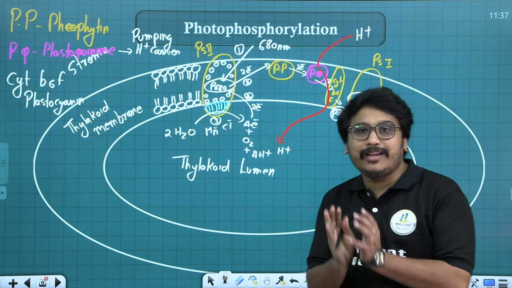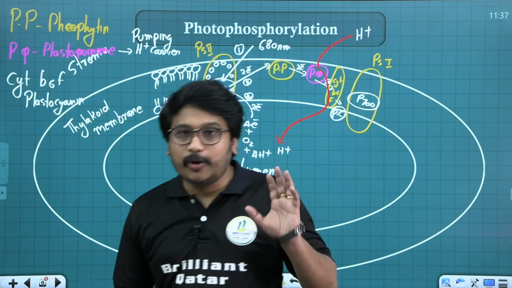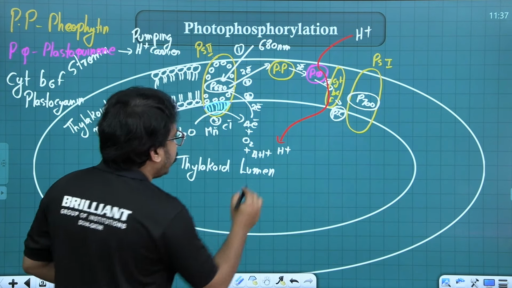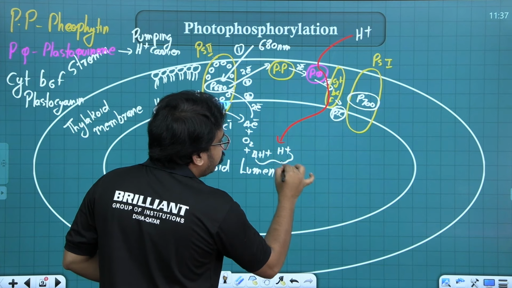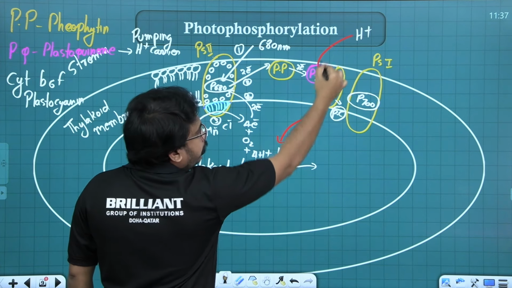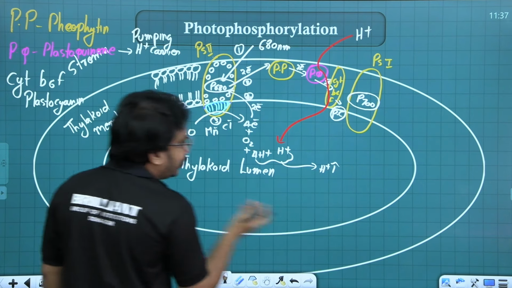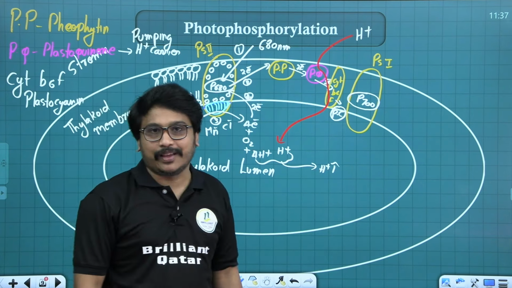Now what is happening inside the lumen? In the lumen, H+ concentration is increasing. Understand, due to photolysis of water and due to pumping of H+ towards inside, H+ concentration inside the thylakoid lumen is increasing.